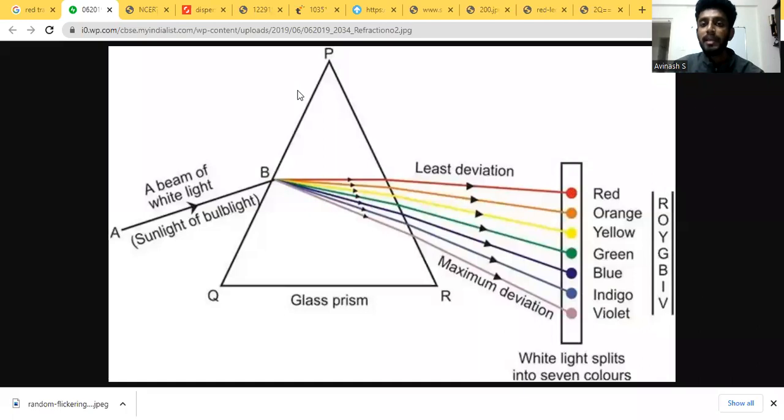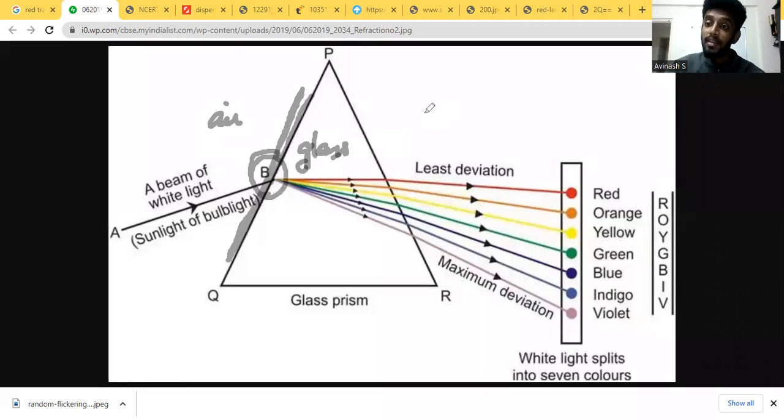But in the first place, why does it deviate? Or why does it bend in this place? That is because of refraction. This interface is the separation of 2 media. Here we have air, and inside this we have glass. So when light is traveling from air to glass, there's a change in medium because of which refraction happens.